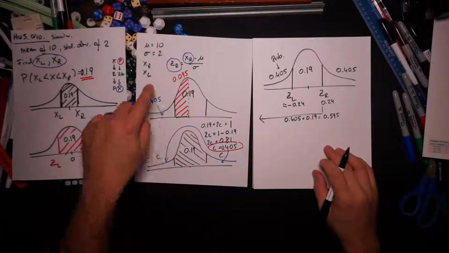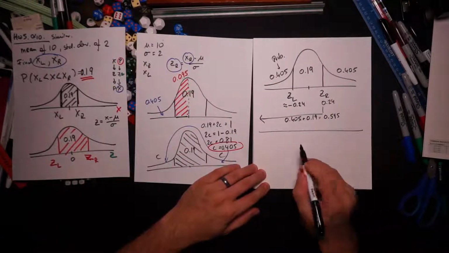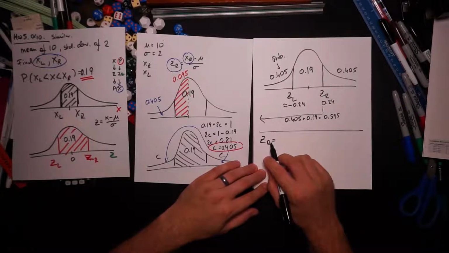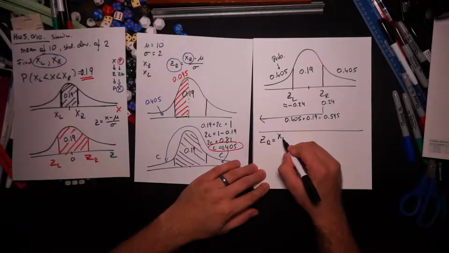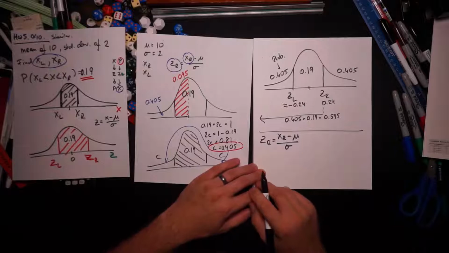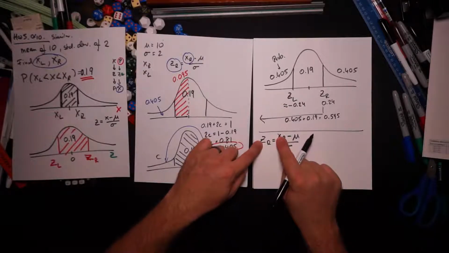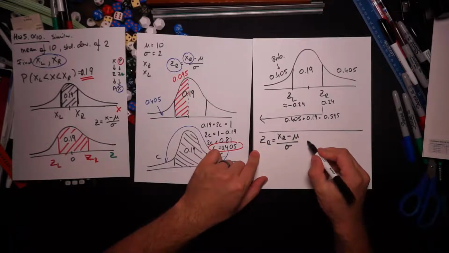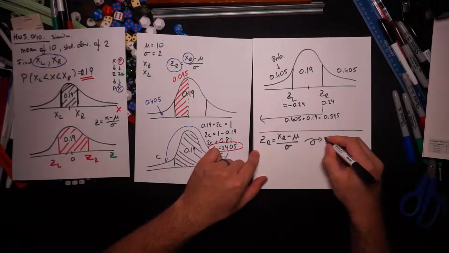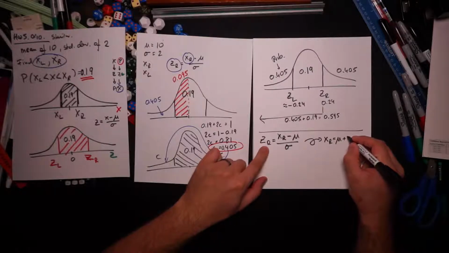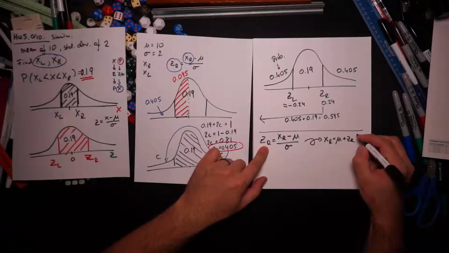So now I can get back to this. ZR equals XR minus mu divided by sigma. We're looking for this, we have this, we have this, we have this. So we want to transform it into XR equals mu plus ZR sigma.